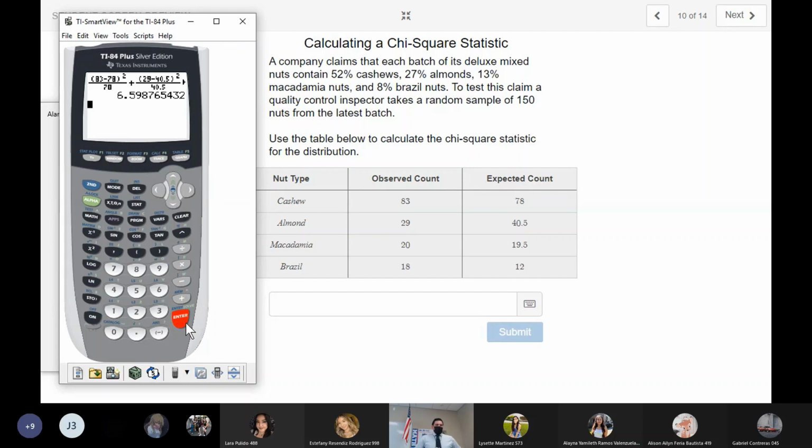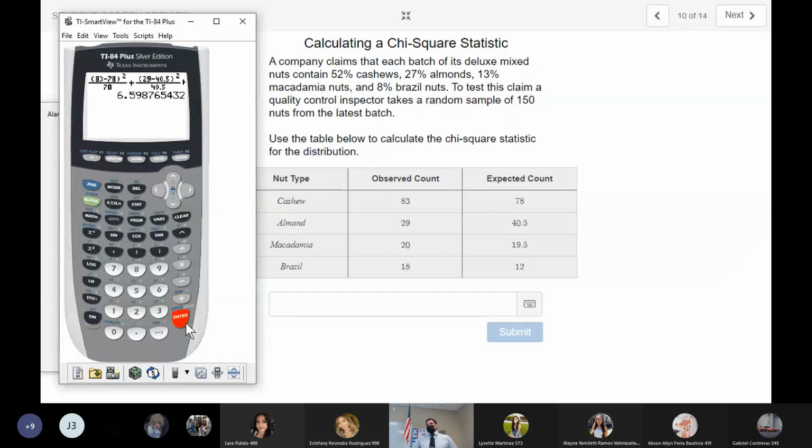Now how you round this decimal needs to be done correctly. Usually we're not going to keep any more than about 3 decimal places for our results. If I round this to 3 decimal places, I should round to 6.599, because the third decimal is 8, but the number to the right of it is greater than 5, so I round up.